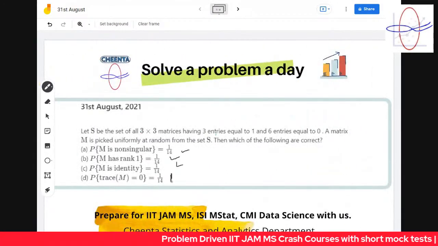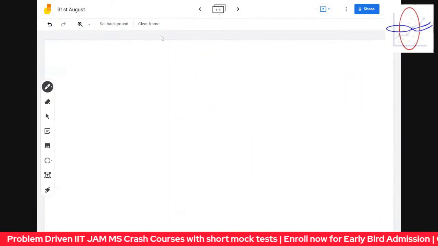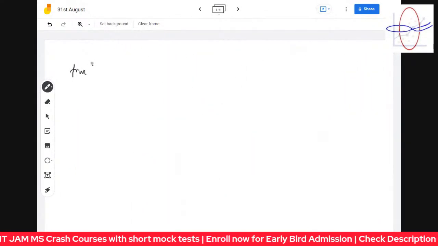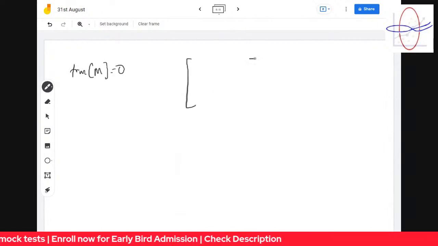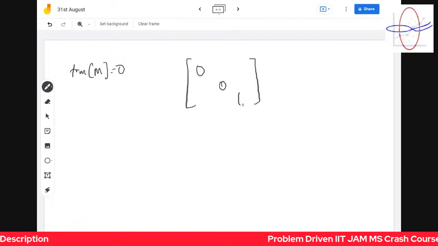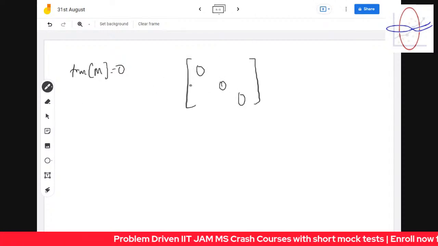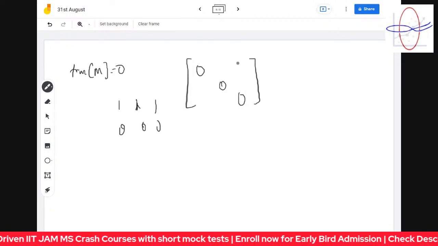So let's see whether trace of M is equal to 0. Trace of M equal to 0 is very interesting. There is a matrix made up of 0s and 1s. Trace of M is equal to 0 only if all of the diagonal entries are 0. So you have to arrange the rest of the ones and zeros in the remaining places.